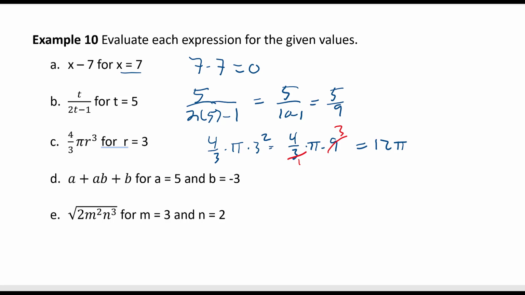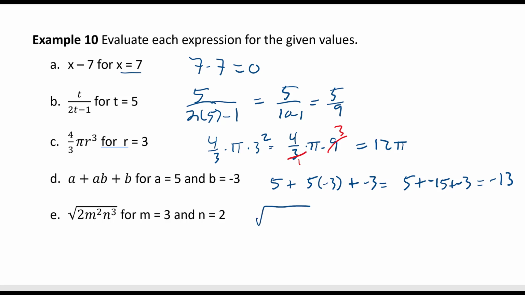Here we have a plus ab plus b. a is 5, b is -3. So that's going to be 5 plus 5 times -3 plus -3. So that's 5 plus -15 plus -3. So that's -10 plus -3. It's going to be -13. And then we have the square root of 2m squared n cubed, for m being 3, n being 2.